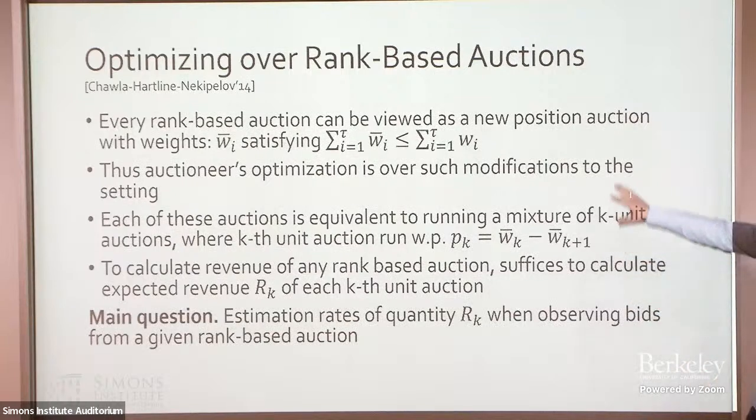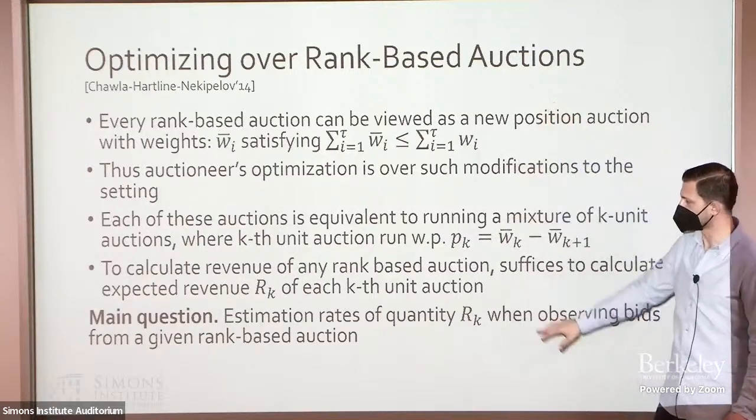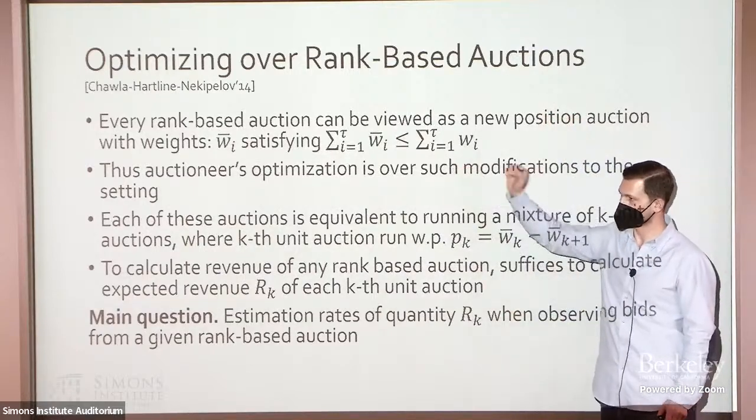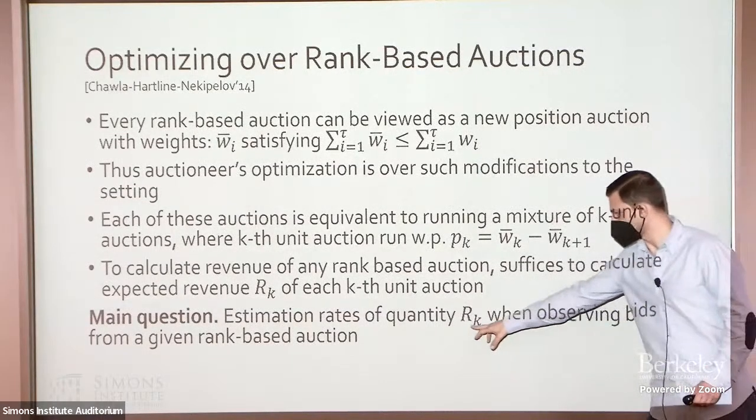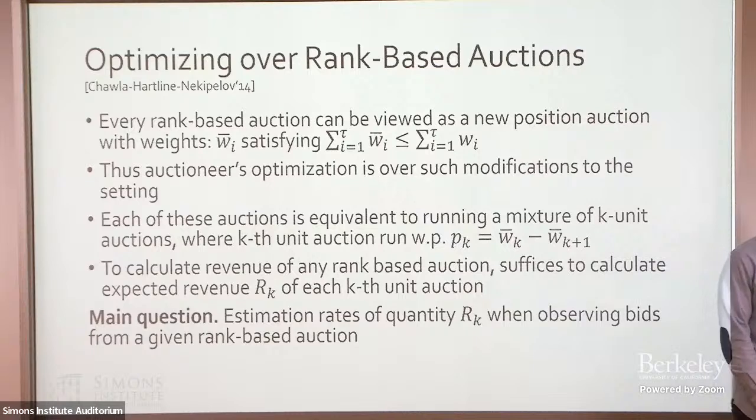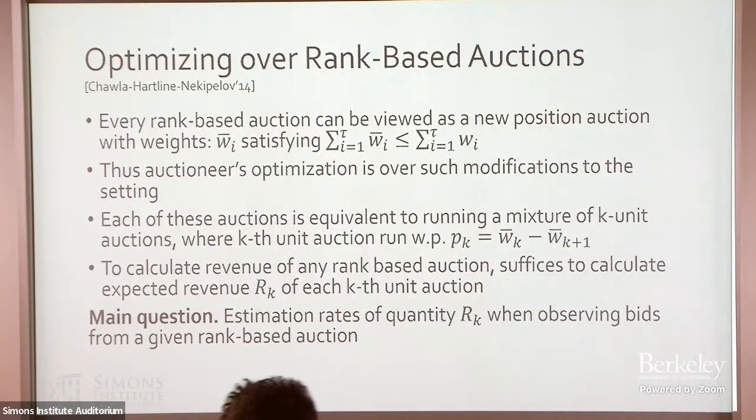The main question asked in that paper is: if I give you one rank-based auction, and I give you bids from the equilibrium of that auction, can you calculate the revenue of any other such k unit auction, which would then allow you to calculate the counterfactual revenue of any other auction in the class?